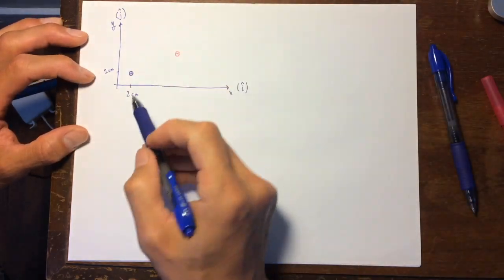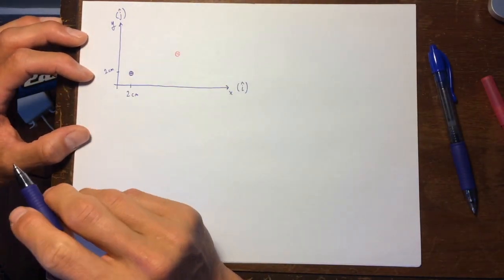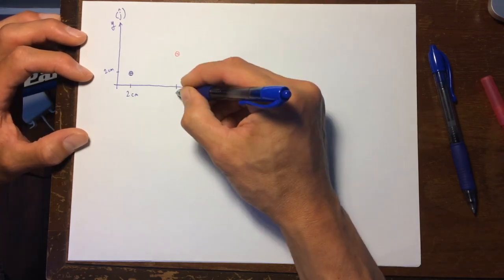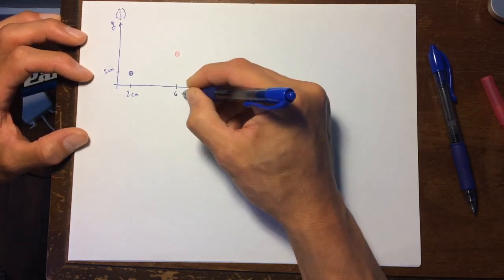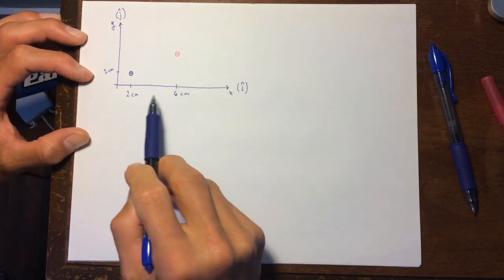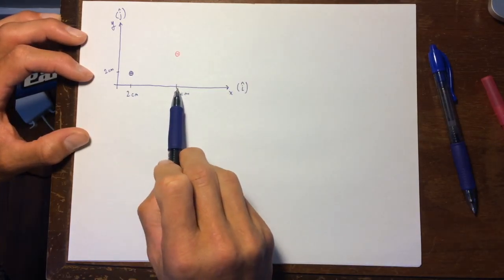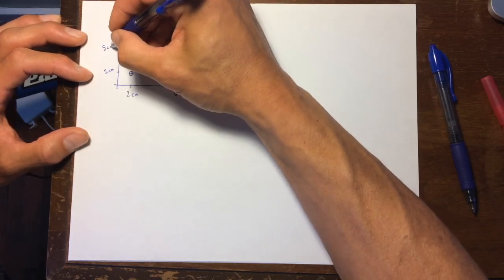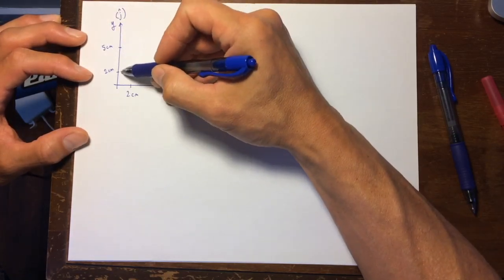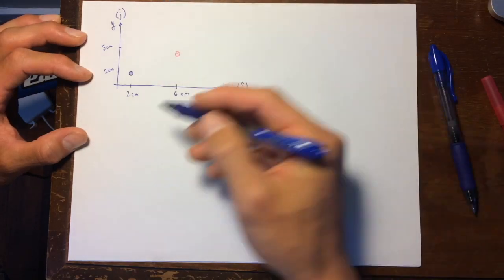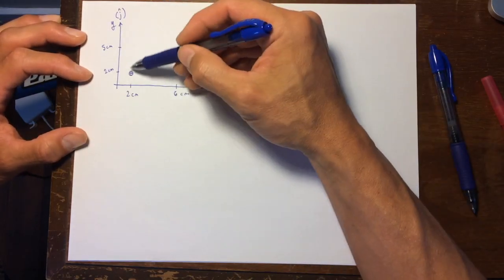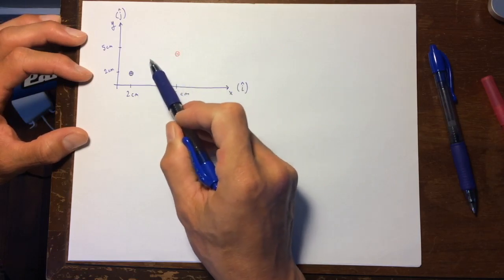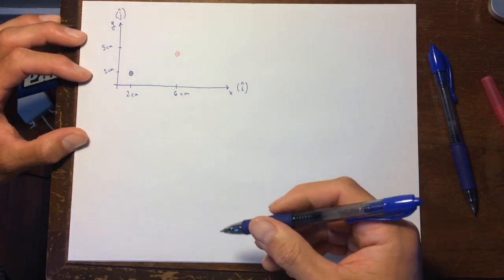So it's got a coordinate, 2 centimeters comma 2 centimeters. So if I put the negative charge at 6 centimeters over, so that's 4 centimeters in this direction, and at 5 centimeters here, so that's 3 centimeters in the y direction. So it'll be 3 centimeters, 4 centimeters. That turns out to give me a hypotenuse of 5 centimeters.